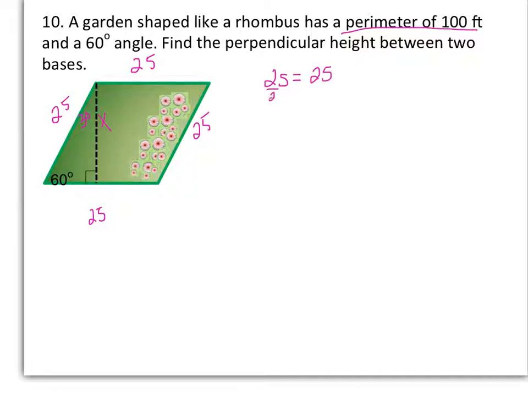If I divide both sides by 2, I get that my short side is 12.5. So that's this side right here. Then, to find what we're calling x, that's the longer side, we need to take our short side times the square root of 3, and we are going to round that to the nearest foot, so that is about 22 feet.